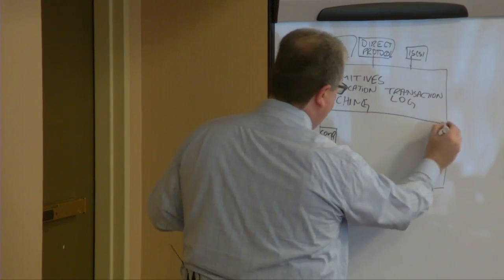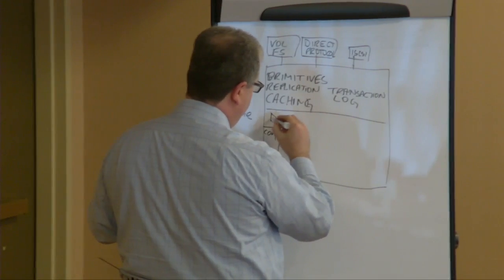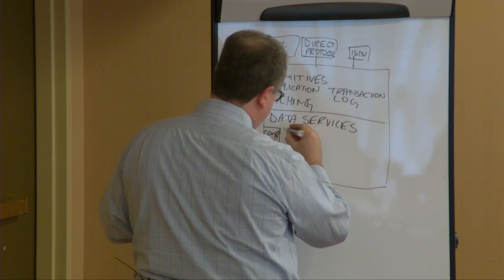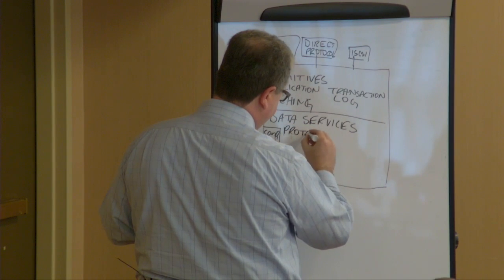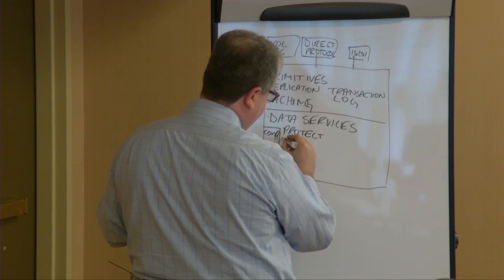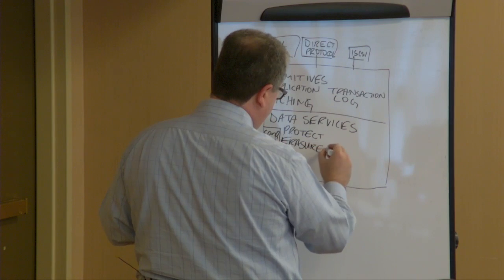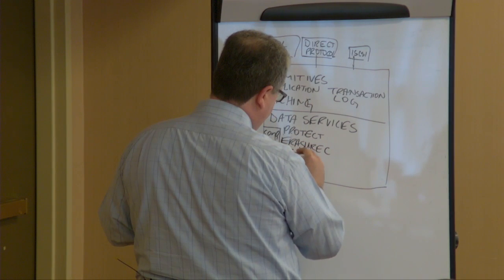Those are the primitives that we apply. We then have what we call creatively named data services. By data services, we're talking about how we protect data, and that includes the erasure coding and the volume replicas.